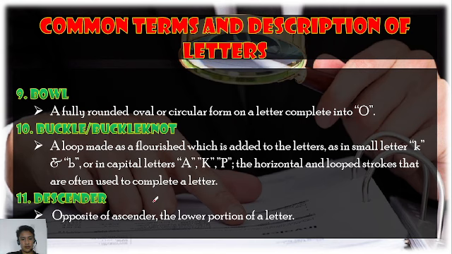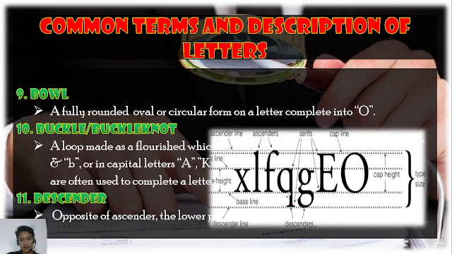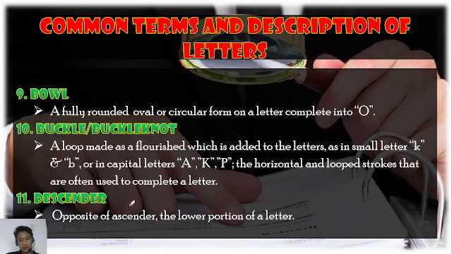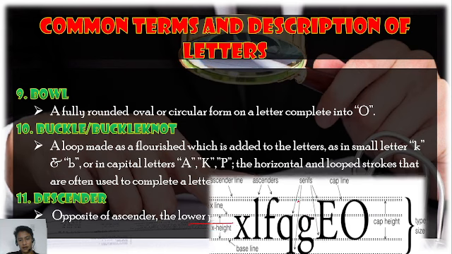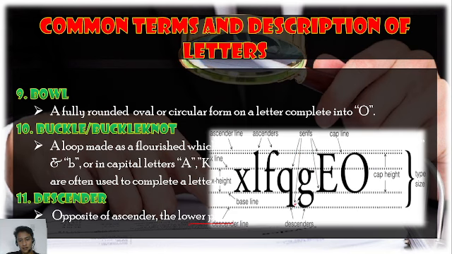And as to the descender, na-emphasize na po natin kanina, so hindi po baseline, meron po tayo yung lower loop letters din po, or letters that have a lower portion. We can say that long letters. This is the opposite of the ascender, the lower portion of a letter, such as this one.